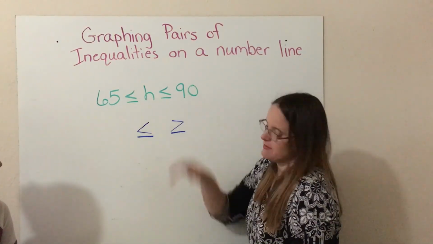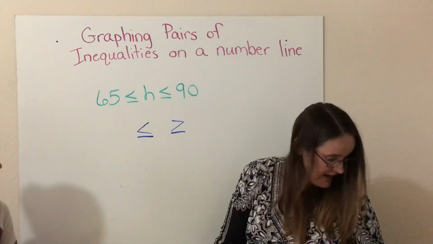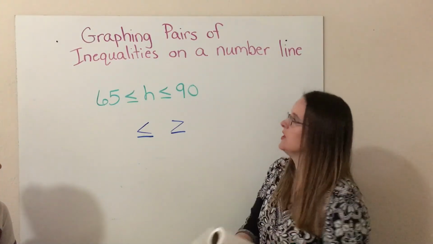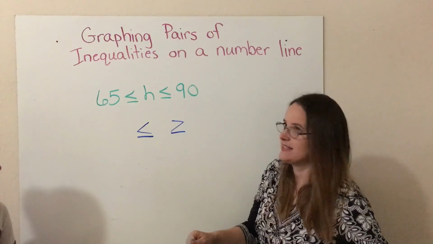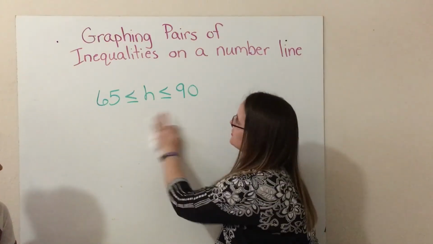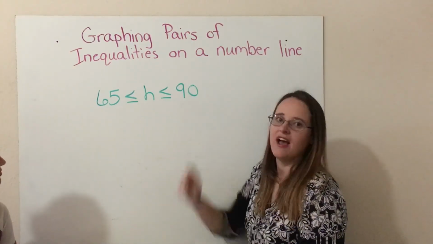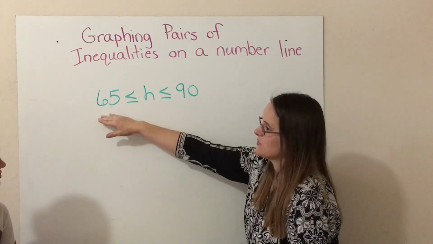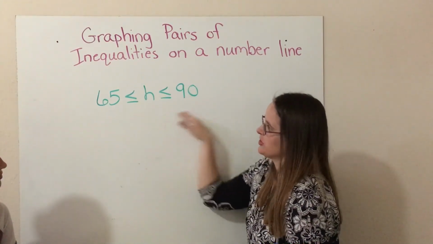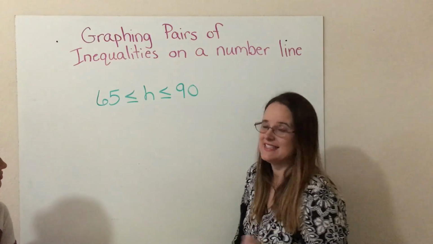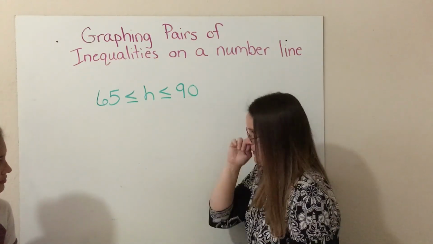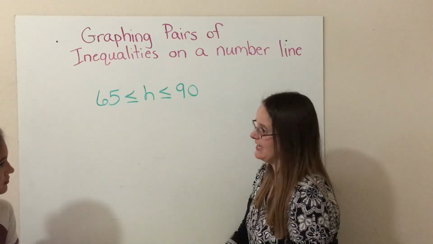So here's an example of an inequality which actually has two values that it's comparing to h. So this is called a pair of inequalities, and it's written as kind of one expression right here, but we can break it down into two separate expressions just comparing it to h.